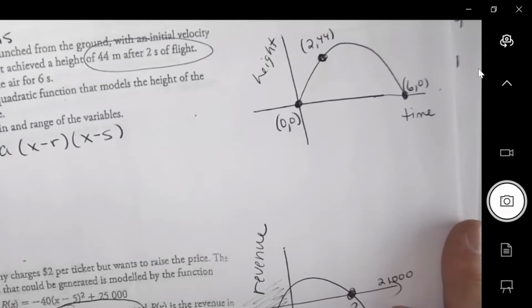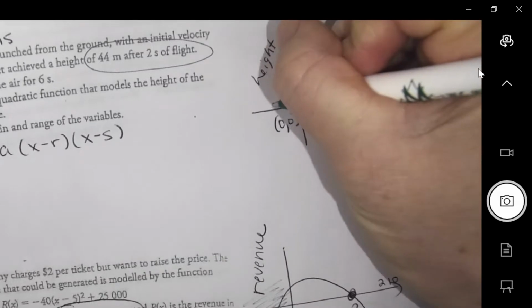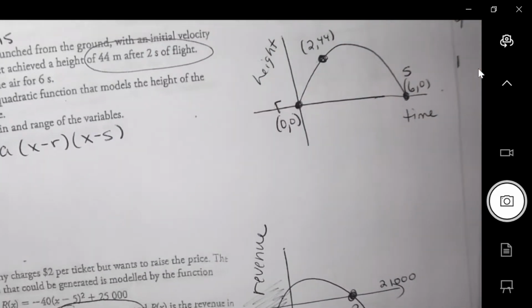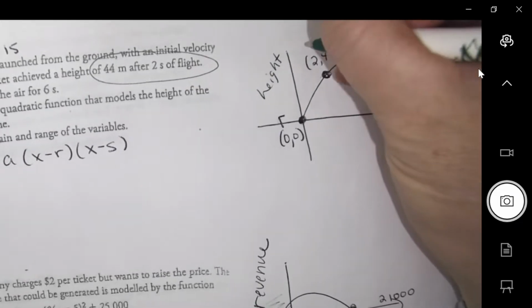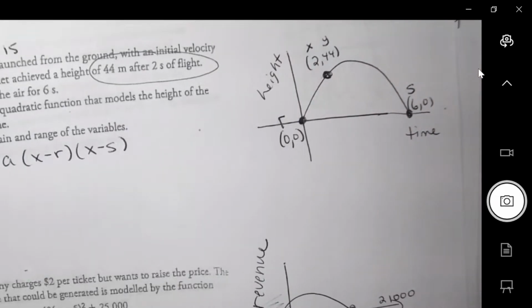Now, you ready to understand what to plug into what? So the factors are the R and the S numbers. And a point is a X and a Y. Okay?